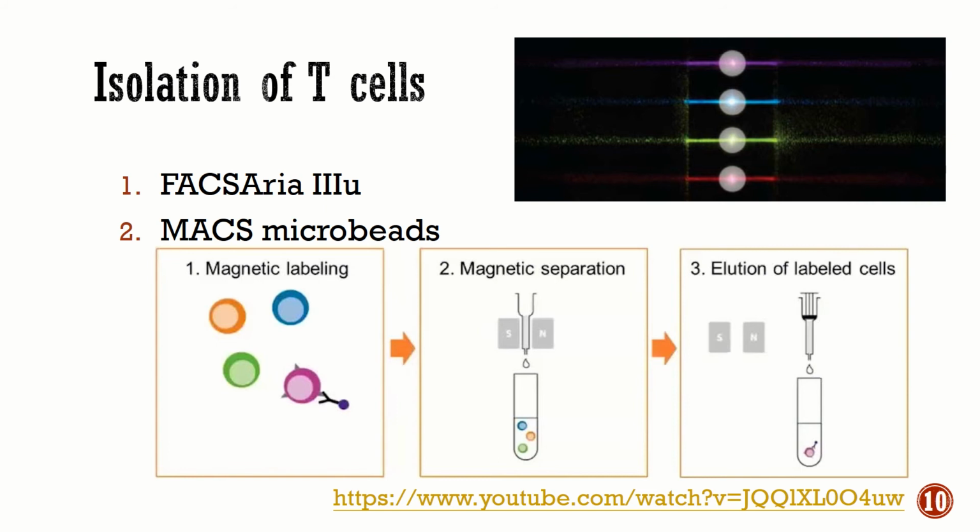So only those bound with magnetic microbeads will be retained when the tube is put into the magnetic field. And next, the cells with microbeads can be eluted when the magnetic field is removed.